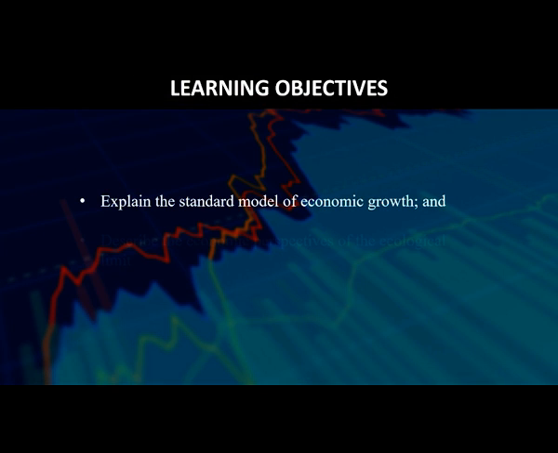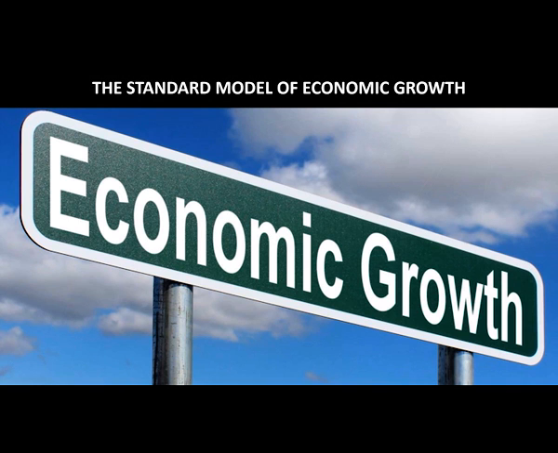So in this session, we are trying to explain the standard model of economic growth and describe the economic perspective of ecological limits. When we talk about the standard model of economic growth, we know that stable consumer prices, full employment, and increasing per capita wealth are economic and political goals in each and every nation across the world.